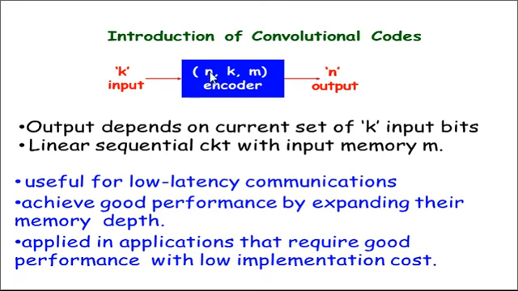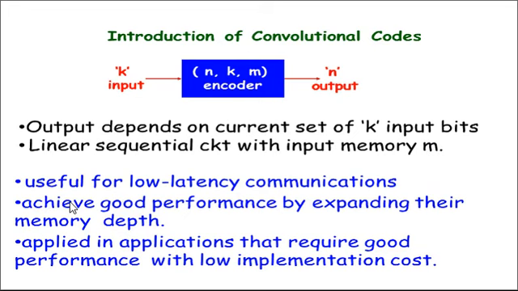So this format is called n, k, m. The output depends on the current set of k input bits, and it is nothing but a linear sequential circuit with input memory m. Whatever number of input memory blocks we are using is represented with the variable m.